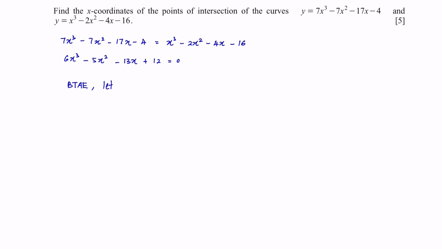So by trial and error, we let x equals 1. And we prove to them that 1 is actually one of the solutions. So we sub x equals 1 inside this equation. And we show them that we actually get a 0.